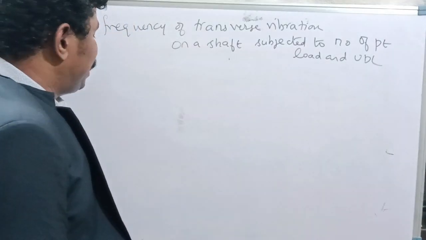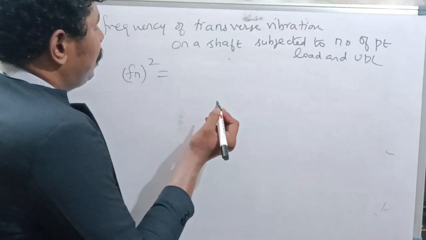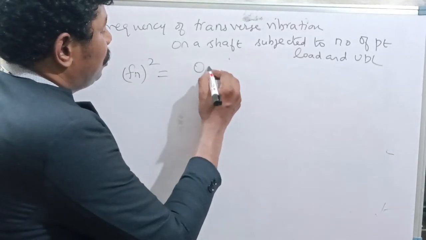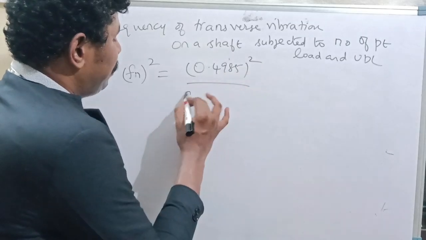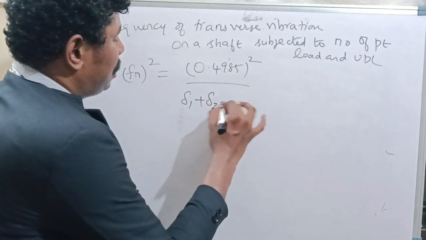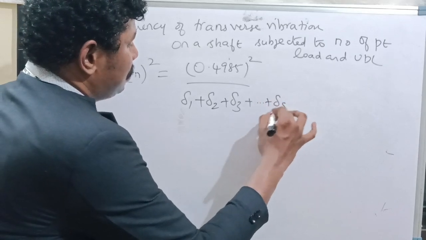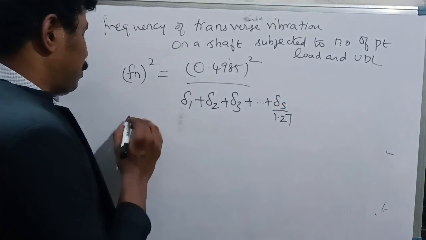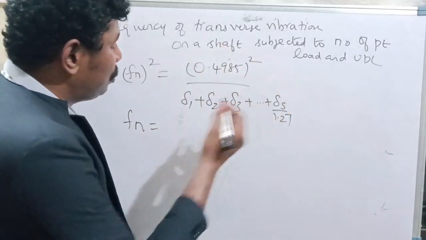So finally we'll be getting frequency square equals 0.4985 square divided by delta 1 plus delta 2 plus delta 3, and so on to delta S divided by 1.27. We need only the frequency, so this will come as a root on the other side.